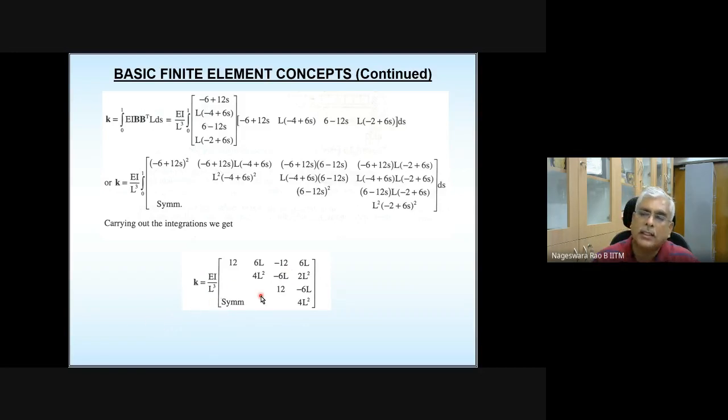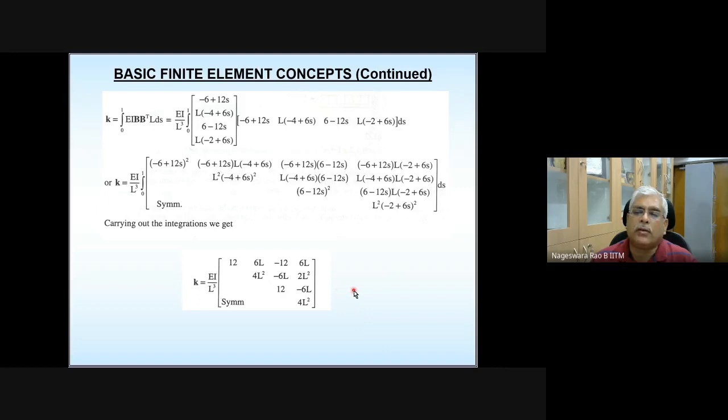So go back to your structural analysis and check the stiffness matrix in whichever textbook you followed. For a beam, how does the stiffness matrix look from your structural analysis concepts?